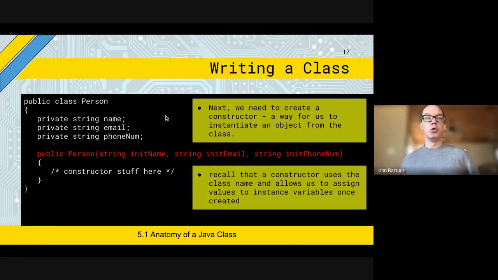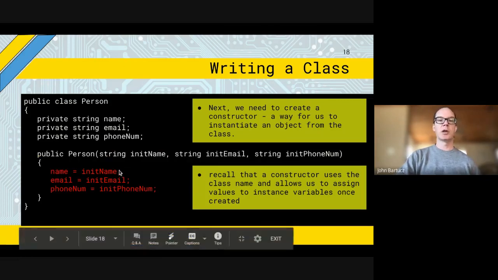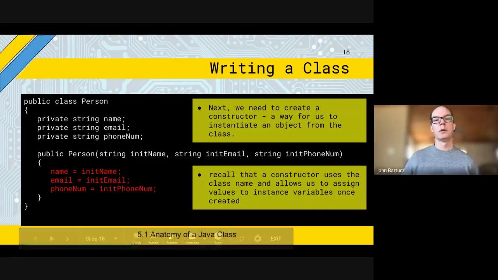So you could call it ABC, but this way, both the programmer who's looking at your class and your future self that needs to use this class both remember, okay, I need to pass in a name, an email, and a phone number. And inside the constructor, it's going to set them to whatever I passed in as parameters to that method.